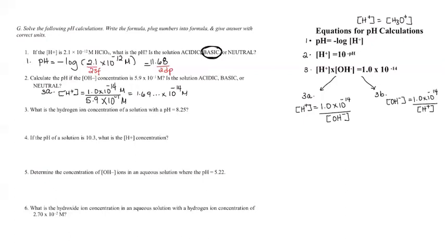Then we are going to use equation 1. I'm calculating pH, and since I have the concentration of H+, I can say negative log of 1.69, and I'm putting the 3 dots because there are more numbers in my calculator display, times 10 to the negative 14.